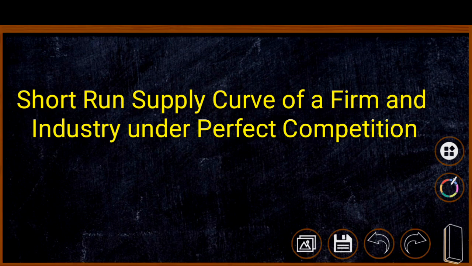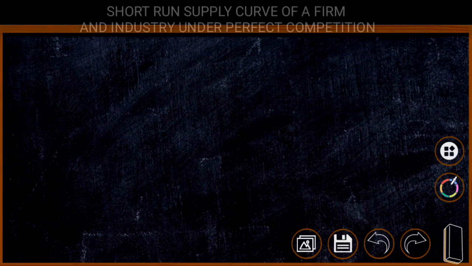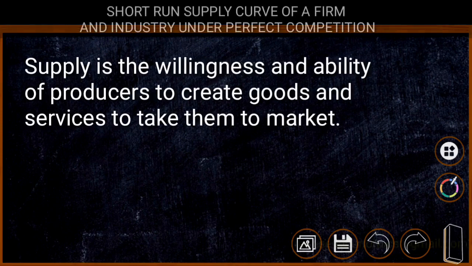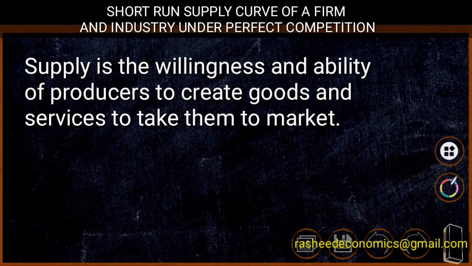For this, we are going to analyze short-run supply curve of a firm and industry. We know that supply is the amount of output that a firm or market is ready to sell. In case of a firm, it is the output produced by a firm and ready to sell at the existing market price.